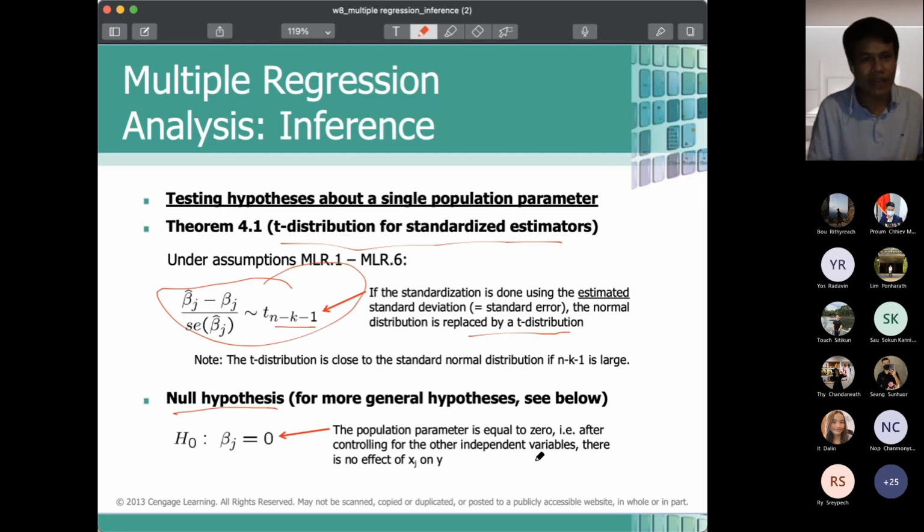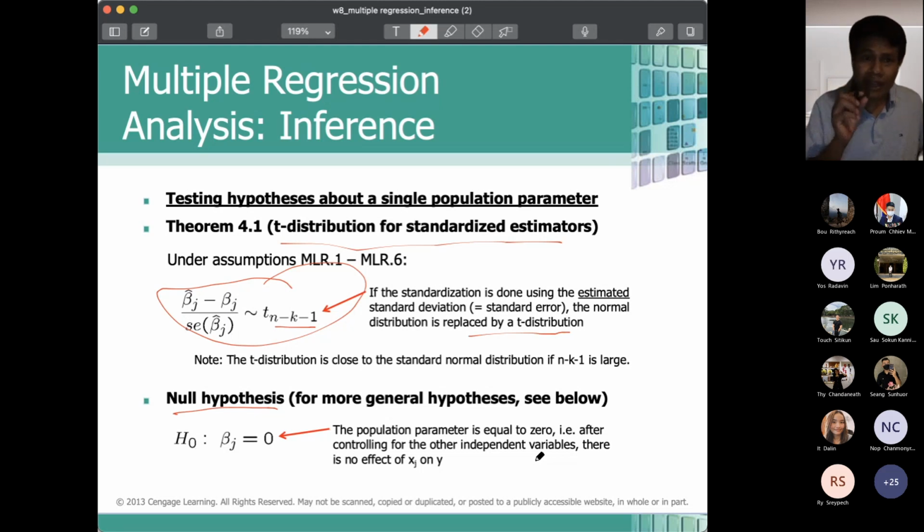What is your independent variable? What is your dependent variable? You name it. For instance, if my independent variable is education and my dependent variable is wage, the null hypothesis states that education has no effect on wage.